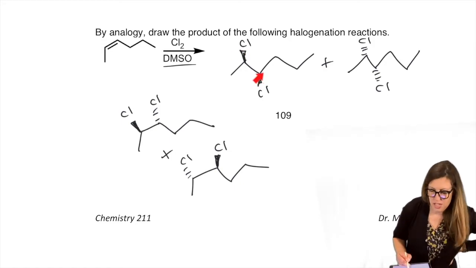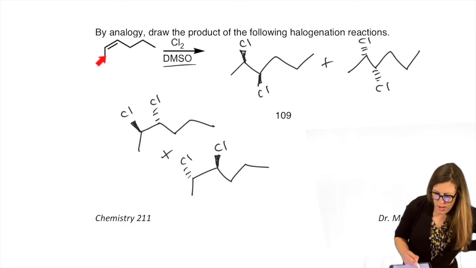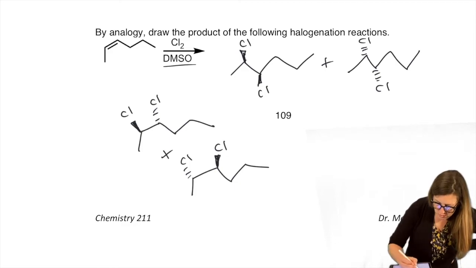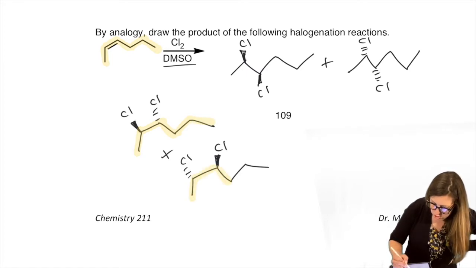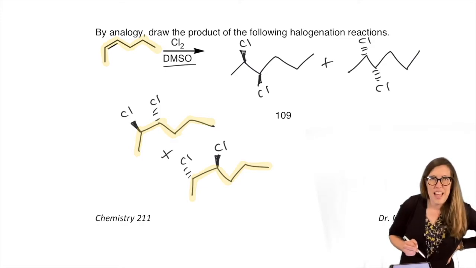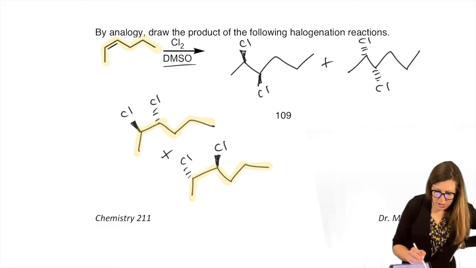Why are these syn? Because this framework has been rotated. It doesn't match the original one. As drawn here, that is what the mechanism holds, and that's what your initial product drawing should look like. It is anti as drawn.